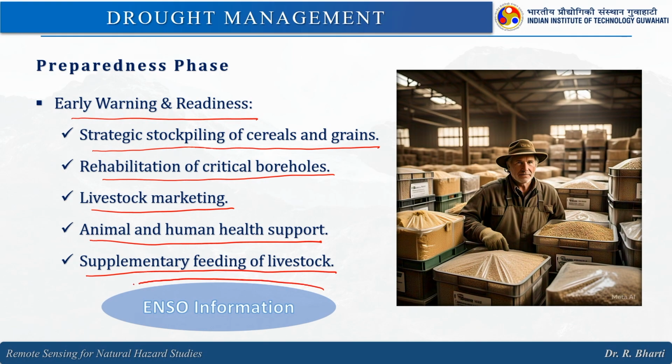Now, you can go back and remember ENSO, and how important it is to know about ENSO. If you have prior information, maybe the farmers can use the appropriate crop type in their area so that there won't be very high loss during this drought period, or they can utilize some appropriate measures so that a smaller amount of water can lead to a high yield.